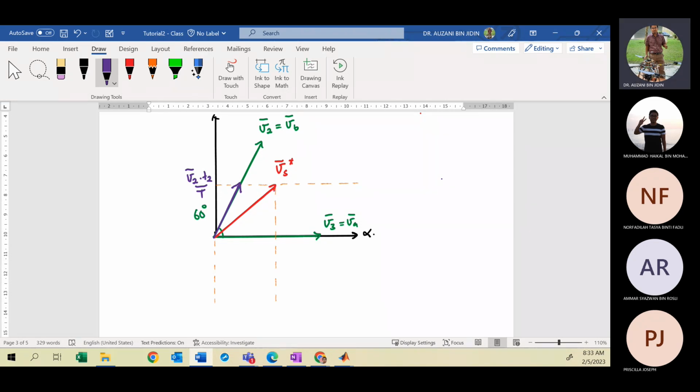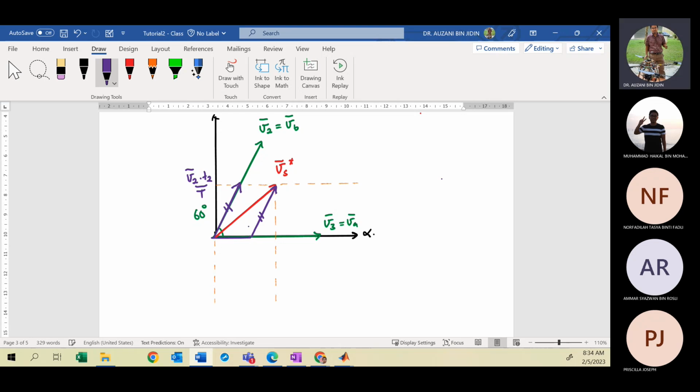So you can draw the component of the vector to here, right? Actually, this is the same vector, where these two component vectors are in parallel. Is it right? Okay. And another vector is here.